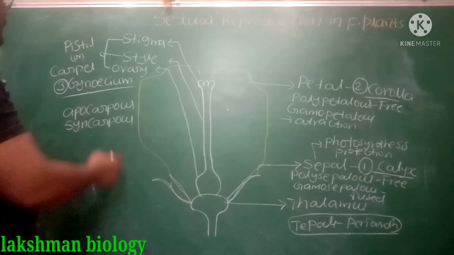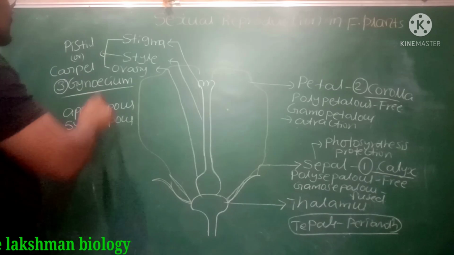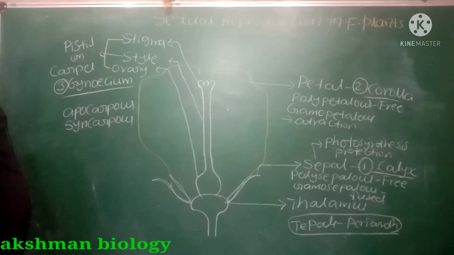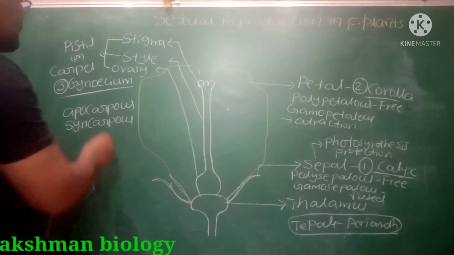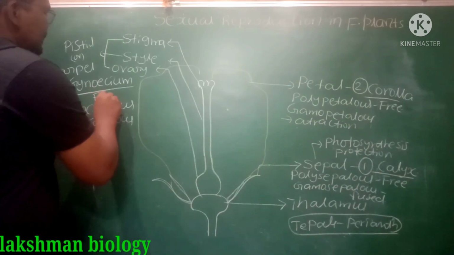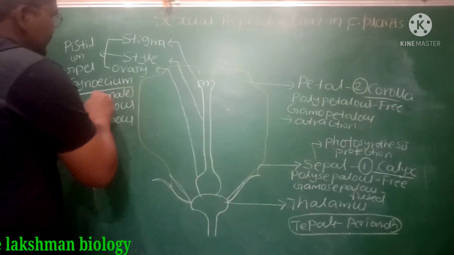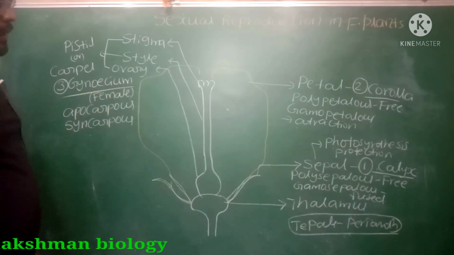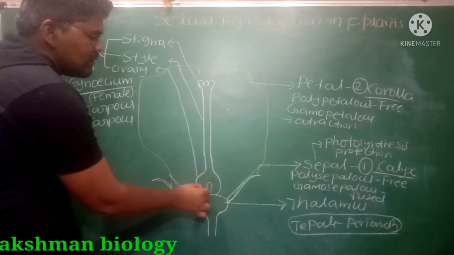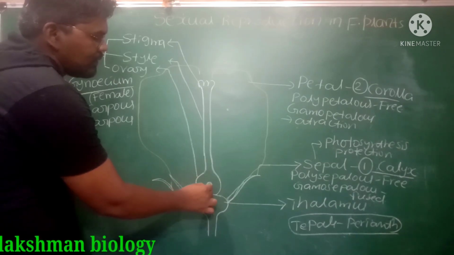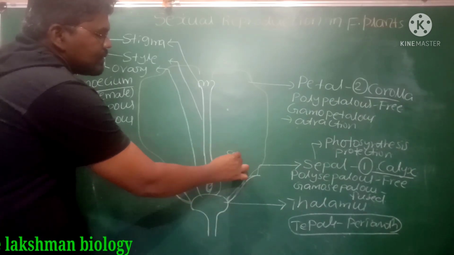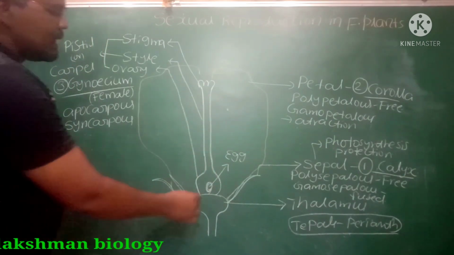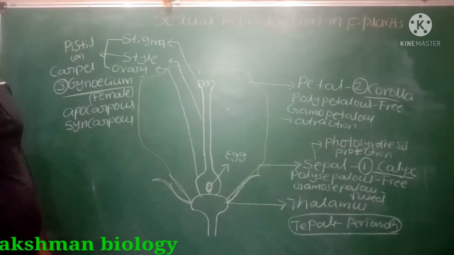Then the gynoecium, which contains pistil or carpel, is the female reproductive part of a flower. Inside the ovary, we can see the formation of egg. The egg acts as a female gamete in the flower.